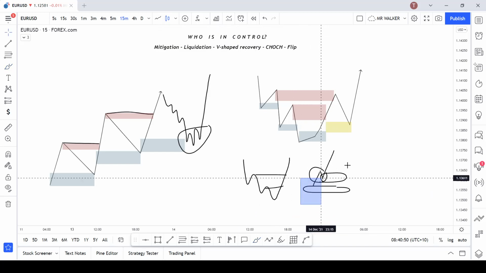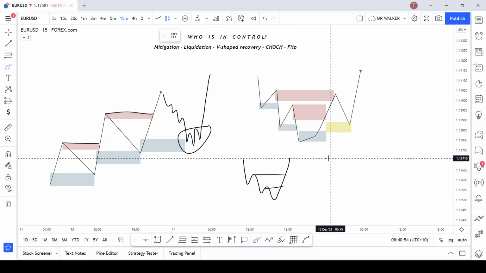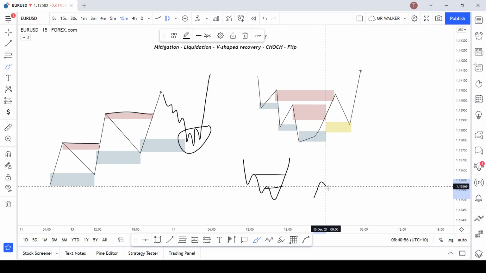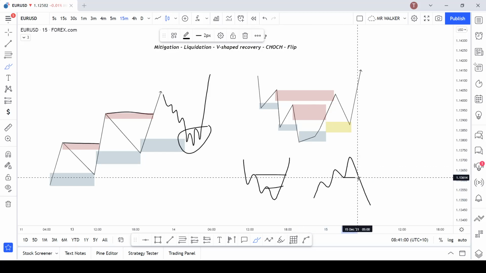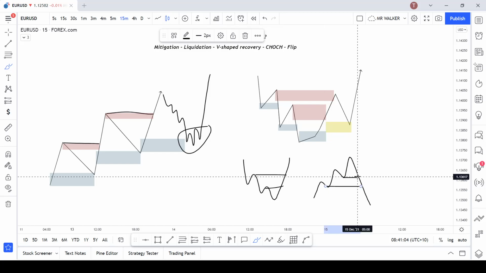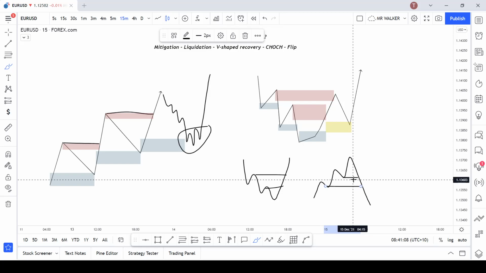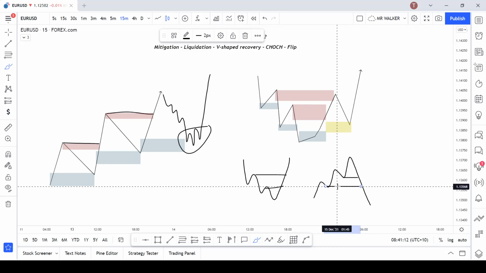But yeah, if there is no reaction to the supply, or let's make it like there is no reaction to the demand, right? Then there is no demand in here, because there is no interaction between buyers and sellers. Okay, that means that there are no orders resting in these levels to fill.